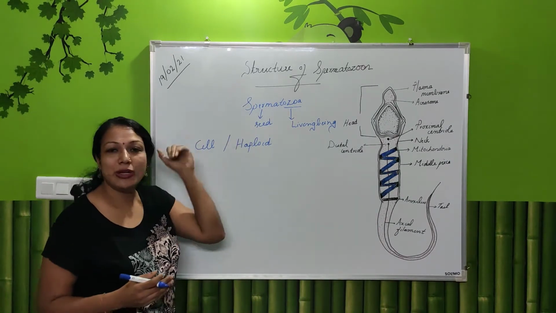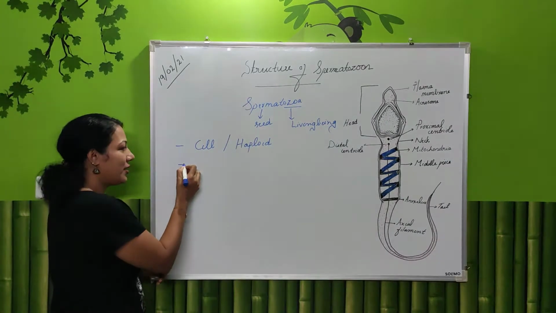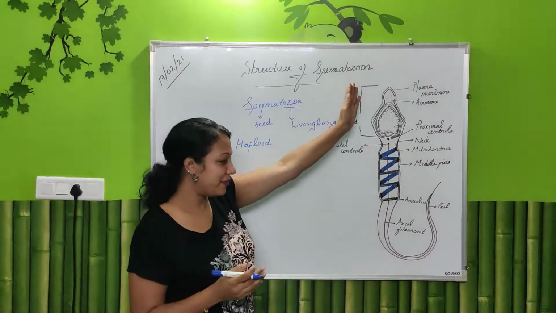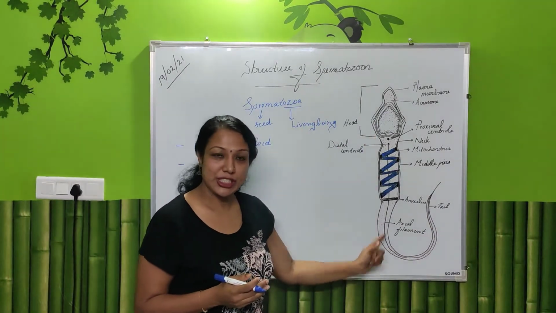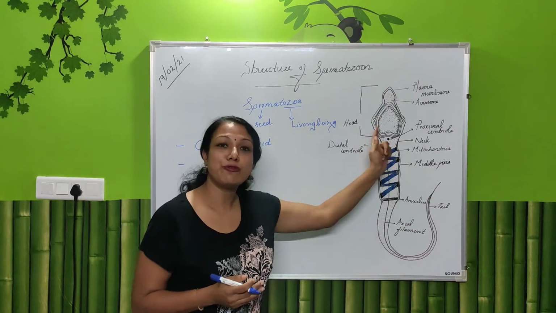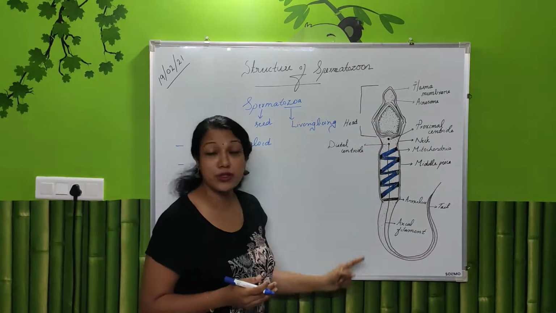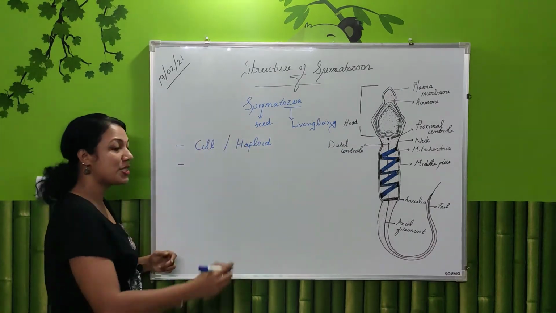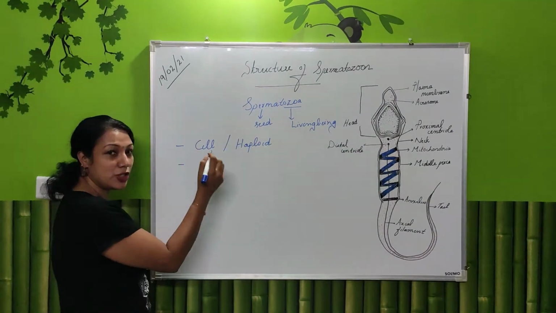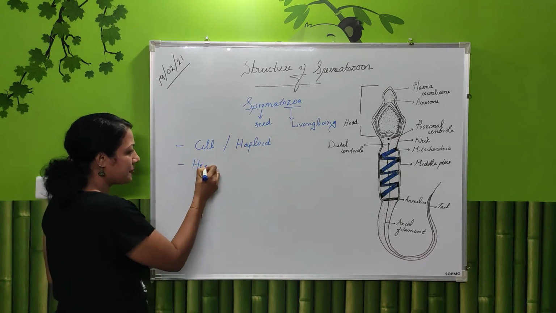Now, when you look at the structure of sperm, I have given a beautiful diagram here. From the board point of view, this is a 5-mark question, but loads of NEET questions will come from this side.